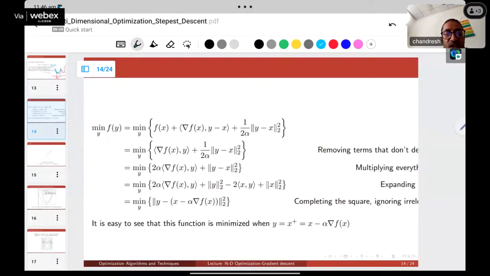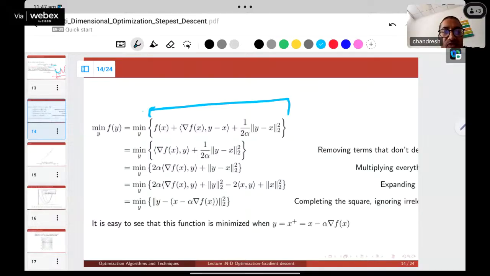We are going to minimize this function with respect to y, because y is our updated, new value. X is my old value, and what should our updated value y be? So we are going to minimize this second degree polynomial quadratic approximation.